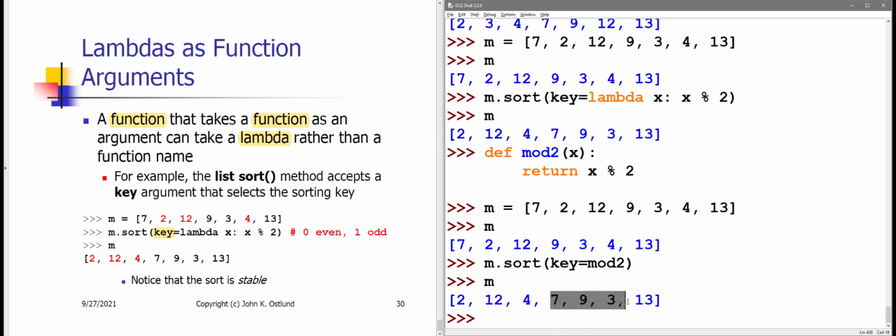And likewise, the odd numbers 7, 9, 3, 13 are in the same order, 7, 9, 3, 13, that they were in the original list. So the sorting is done according to the modulus of each value. The zeros come ahead of the ones. But other than putting all of the zeros ahead of all the ones, the actual values, 2, 12, 4, are in the same order in the sorted version that they were in the original version. And likewise for the odd numbers.